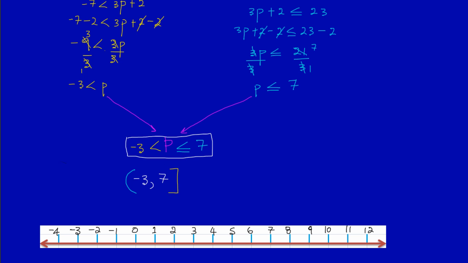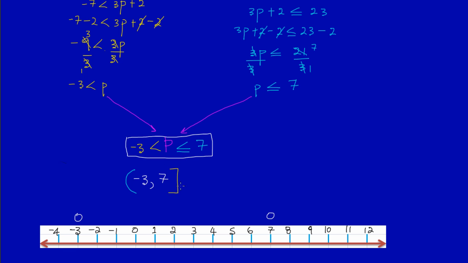So again, quickly, my boundary is negative 3, so I'm going to put a circle over my boundary, negative 3, and my next boundary is 7, so I'm going to put a circle above 7. Now I'm going to look at the signs here. This is a parenthesis. So once I'm using a parenthesis, this circle must be open.